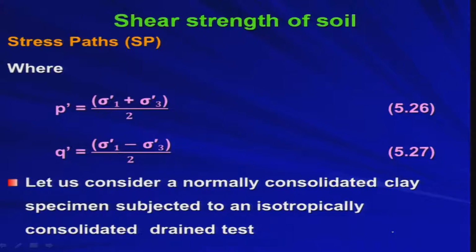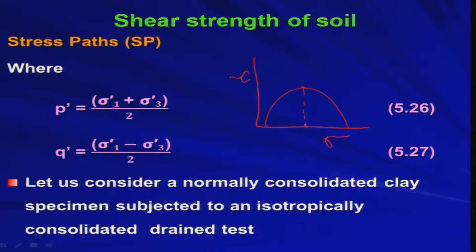p prime is expressed as sigma 1 prime plus sigma 3 prime by 2, everything expressed in terms of effective stress. So, if you recall, this is your Mohr circle, this is your tau, this is your sigma. This is the center of the Mohr circle and this is the peak point.